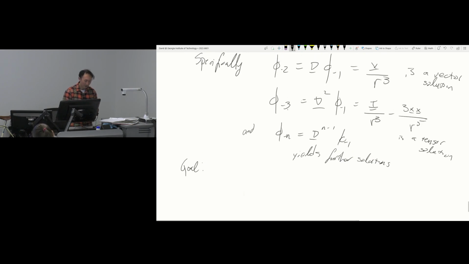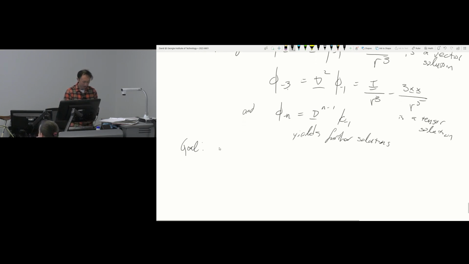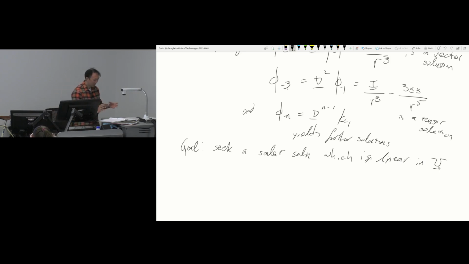So we have no problem finding solutions to the governing equation, conservation of mass. But the ones that are going to work will be the ones that are useful in solving our boundary conditions. So we're trying to seek a... Remember that solution has to be linear in V. So the sphere is going at velocity v. We're trying to calculate the velocity field all around the sphere.